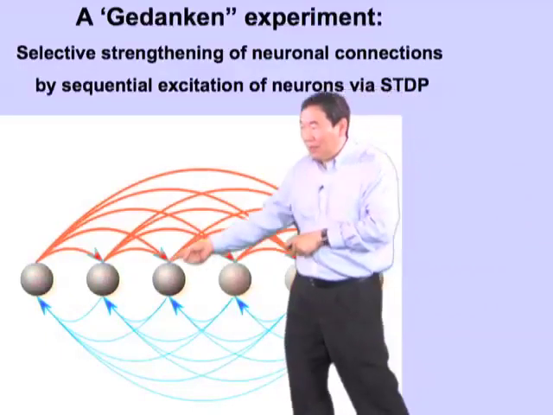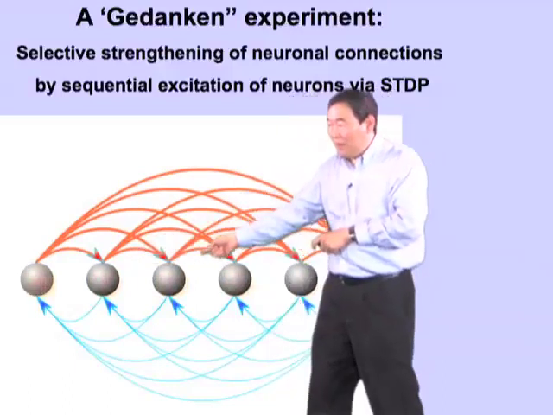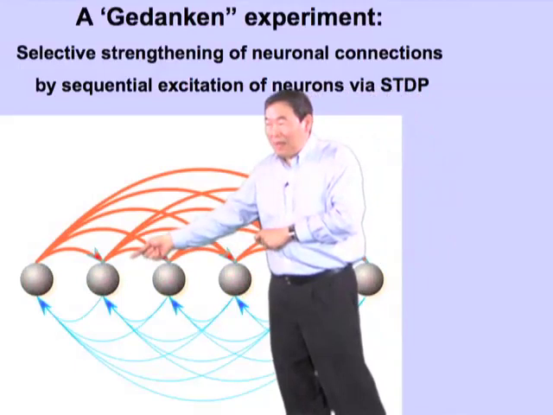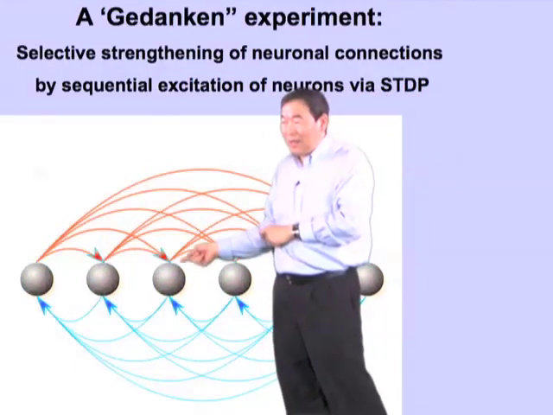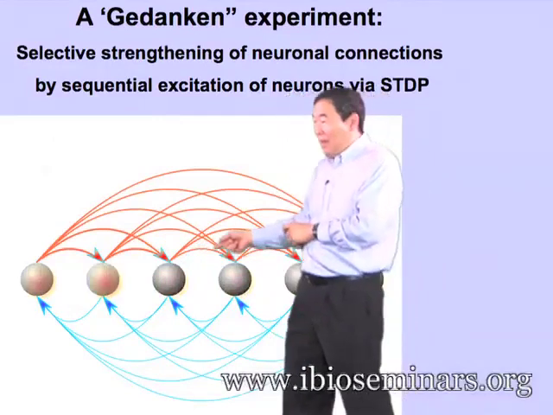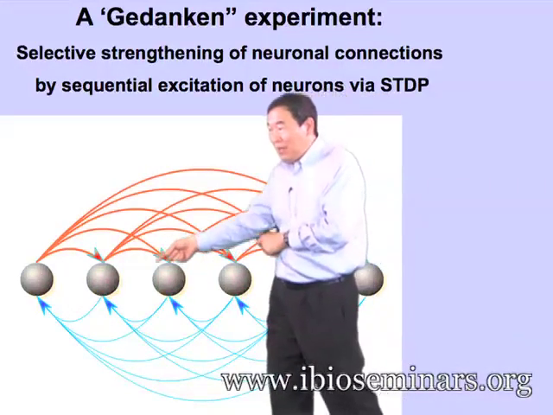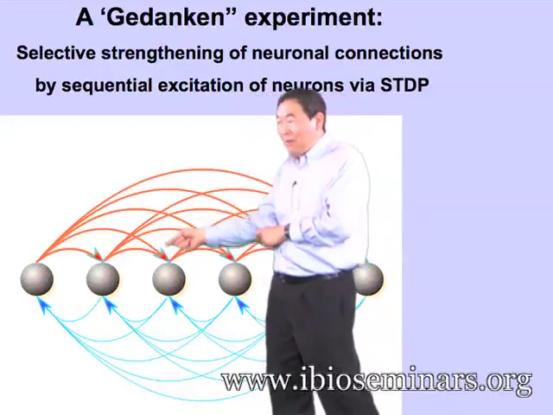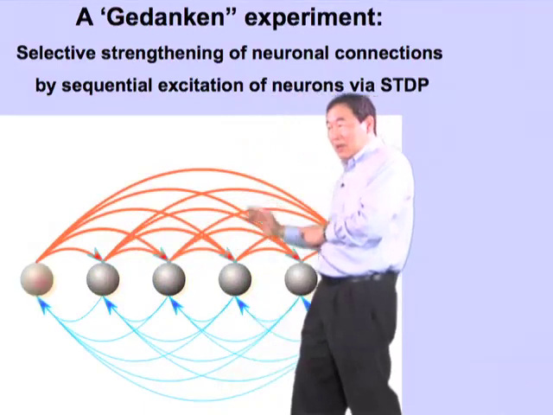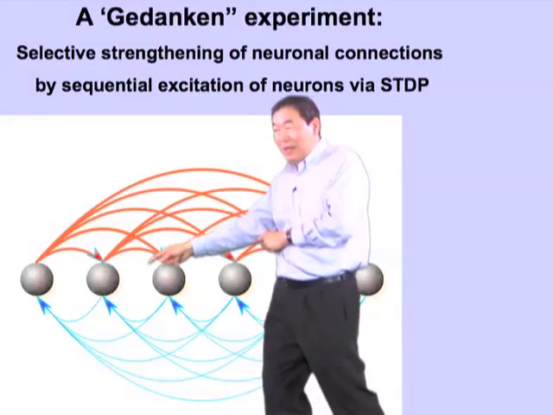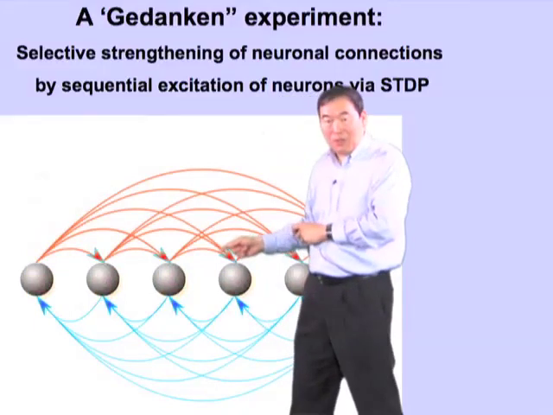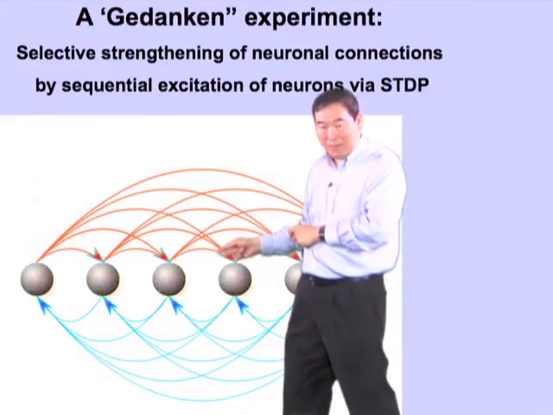as shown here, the red activity is firing from left to right. So the synapses made by the left cell onto the right cell are firing in a sequence in which the presynaptic cell fires before the postsynaptic cell, because the activity is going in one direction. So all the synapses, the connections from left to right, become potentiated according to spike timing dependent plasticity.